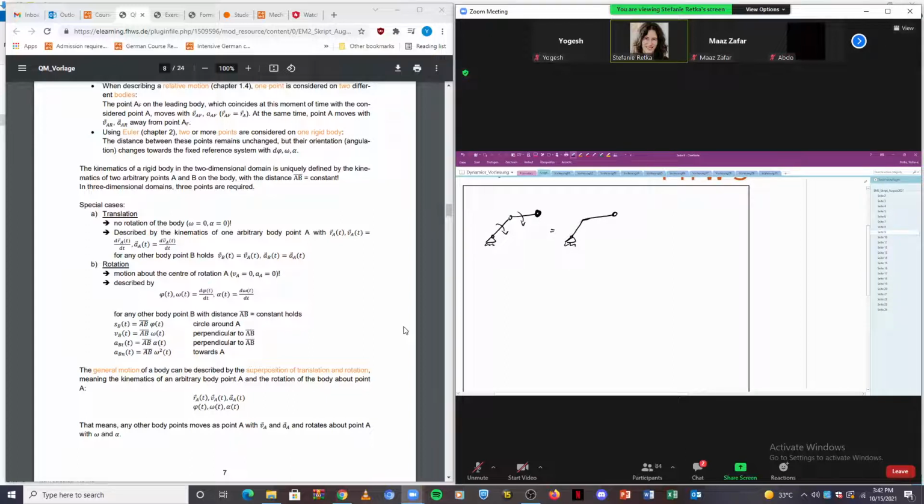And then we added a second subsystem, like this. Okay, so we consider this to be two different systems. We are describing this one point here on two different systems. The first one is our leading, and the second is our relative motion.